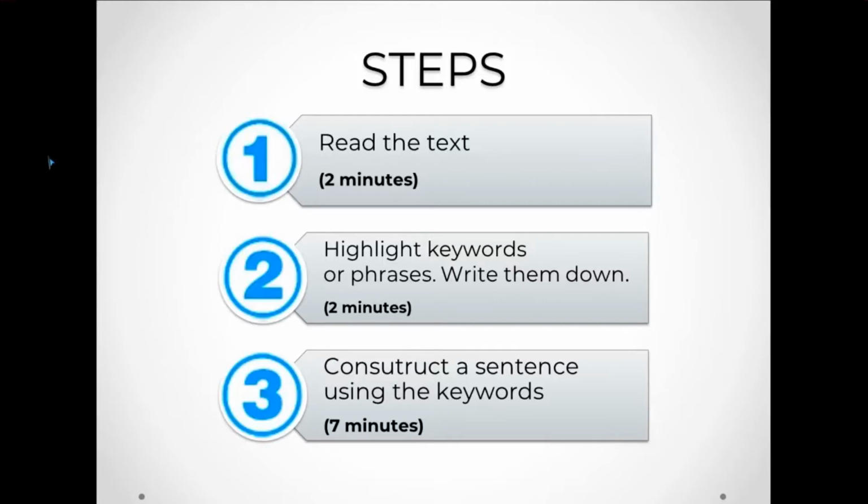The second step that we are going to take is to highlight some keywords or phrases. What we mean with keywords, we mean words like nouns that are things, words like actions and verbs, and words like adjectives.